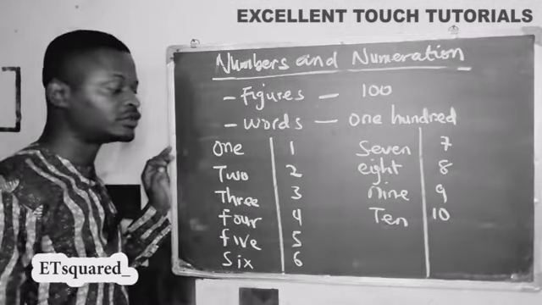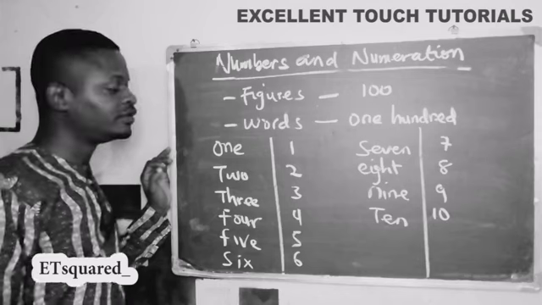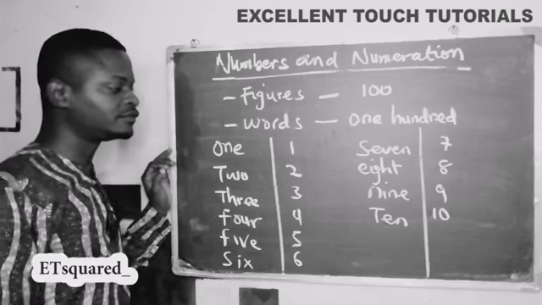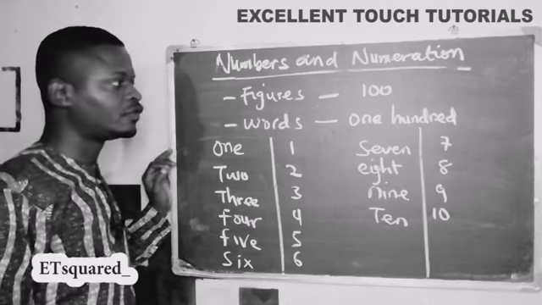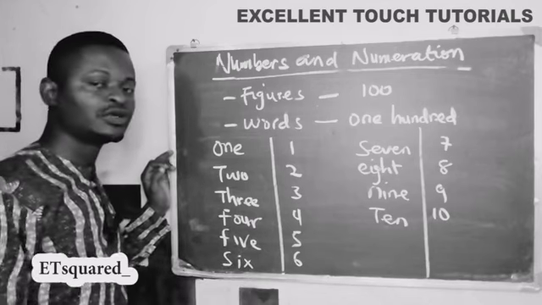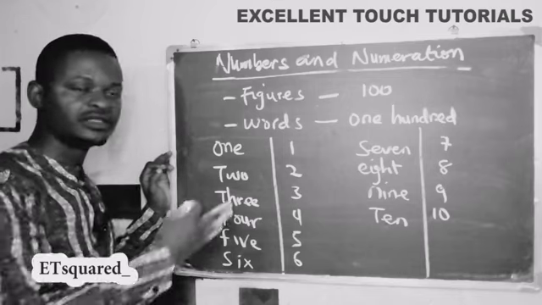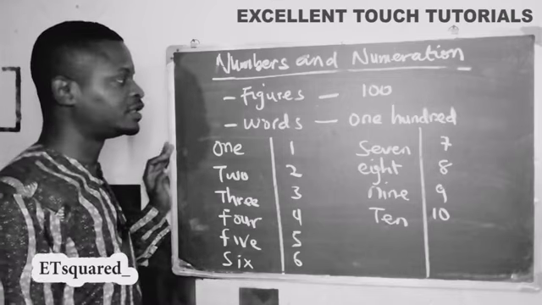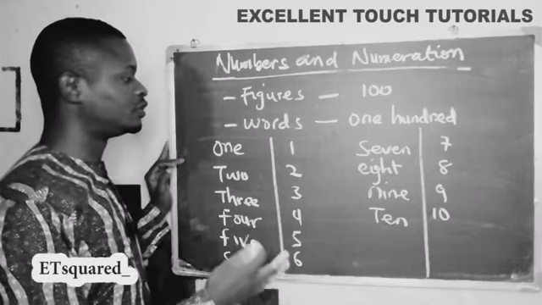And so the list continues. ELEVEN is 11, and so on. Alright, so but this is not actually the focus. You may wish to watch my other videos for this level in order for you to understand how to write in words and how to write in figures.